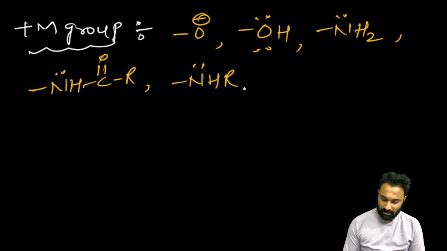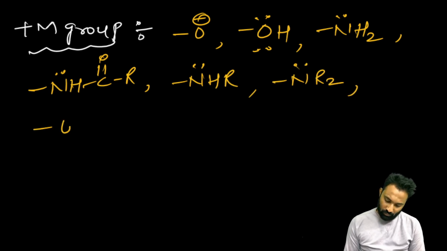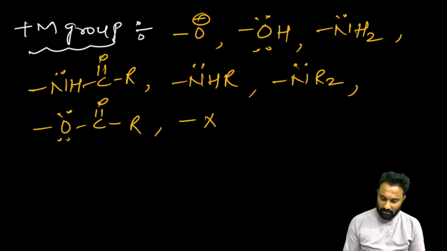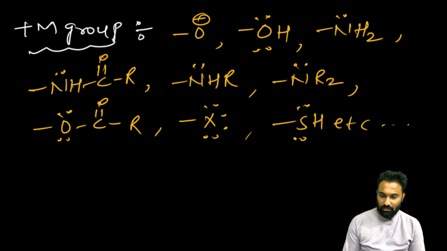Clear? Now secondary amine, NR2. Done. Next O double bond C O R. Clear? Next halogens. Clear? Next SH, etc. These are the plus M groups, because all of them contain lone pairs of electrons.